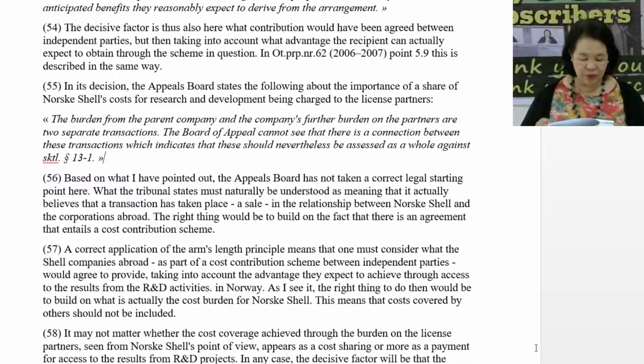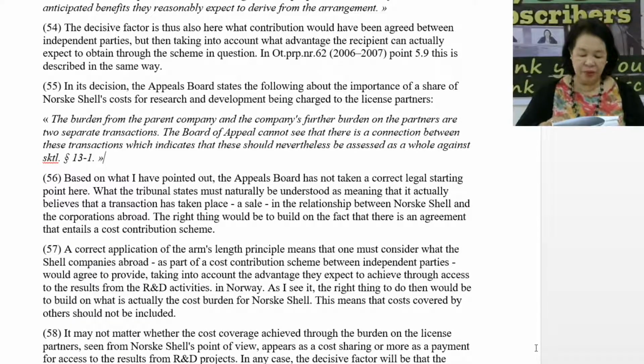So based on what have been pointed out, the appeal board has not taken a correct legal starting point here. What the tribunal states must naturally be understood as meaning that it actually believes that a transaction has taken place, a sale, no, in the relationship between Norske Shell and the corporation abroad.